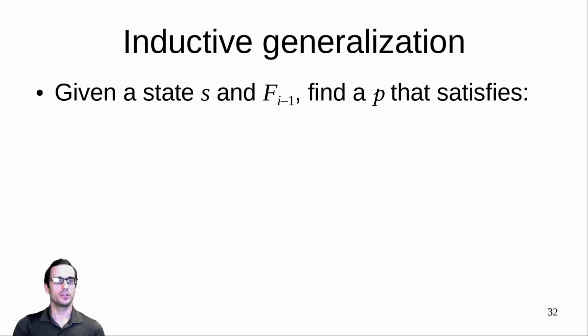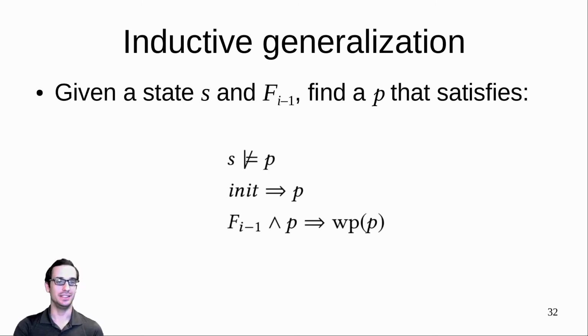So an inductive generalization query is: we're given a state S and a formula F_{i-1}, and we want to find a new formula P that satisfies these equations. We want P to not satisfy S, we want P to be true for all initial states, and we want P to be relatively inductive to F_{i-1}. That is, whenever a state satisfies F_{i-1} and P, all of its successors must also satisfy P.